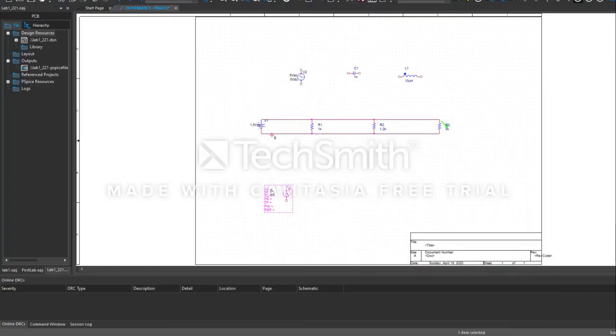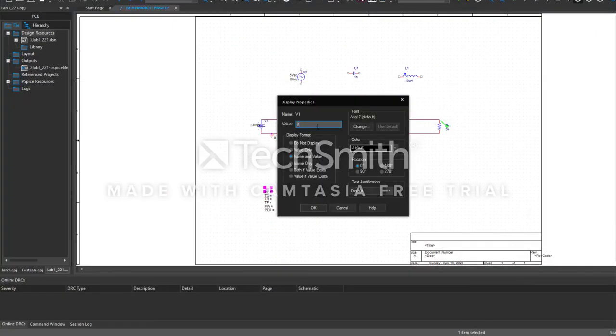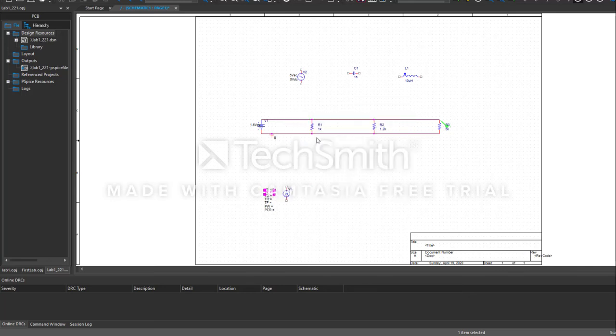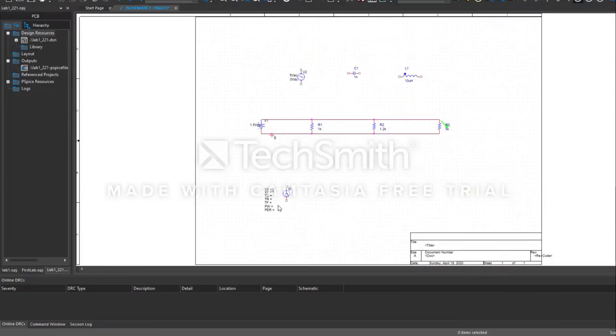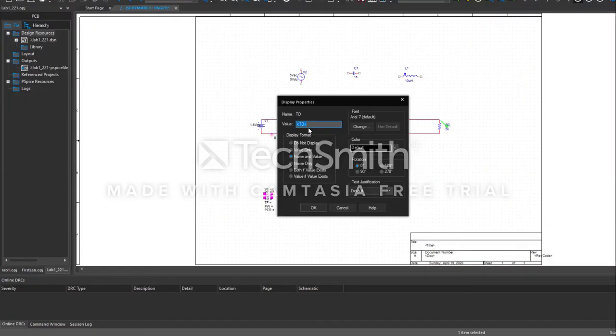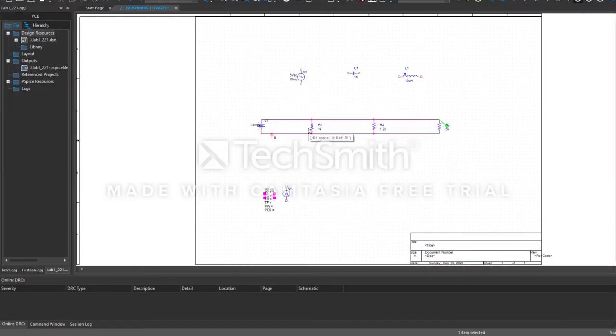So V1 is equal to 0 and V2 is equal to 5. All right, TD and TR. TD is the time delay, like after how many seconds or milliseconds the function starts. You can set it to 0, no delay. We just want our waveform to start at time 0, right?